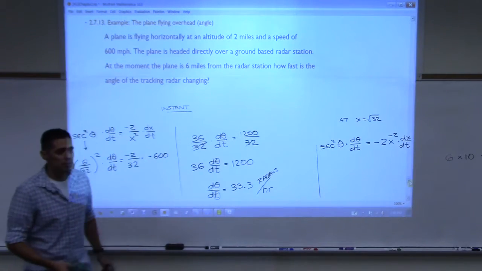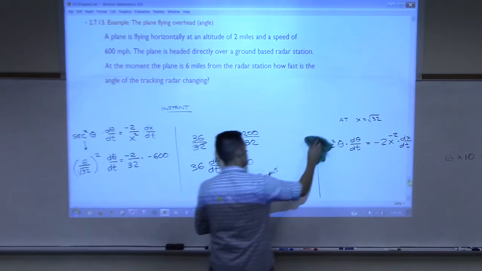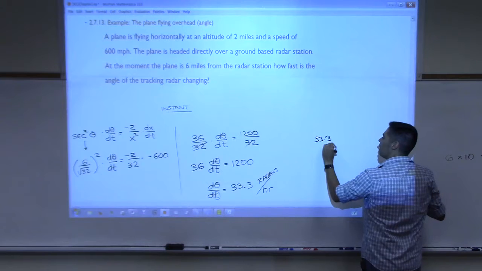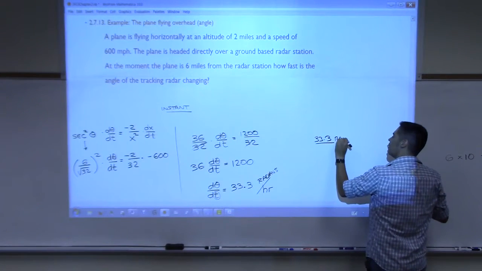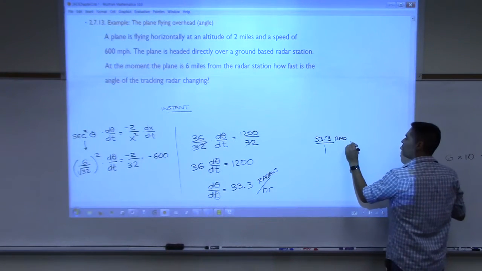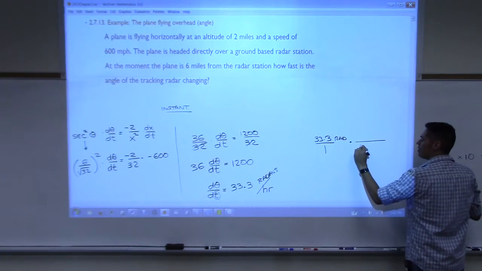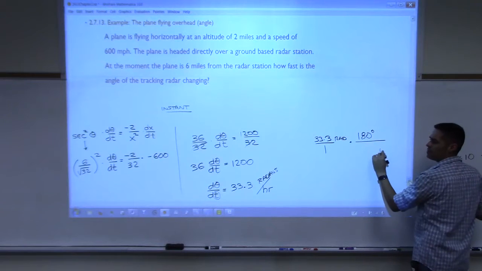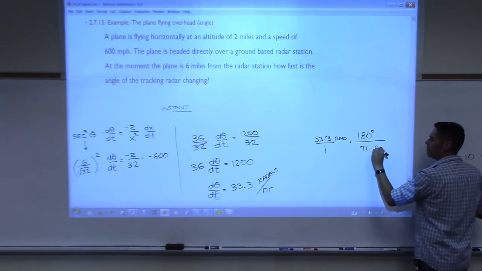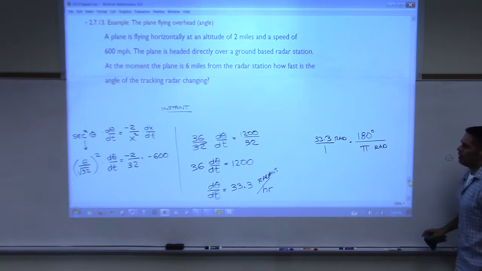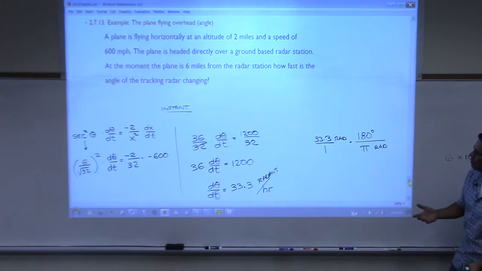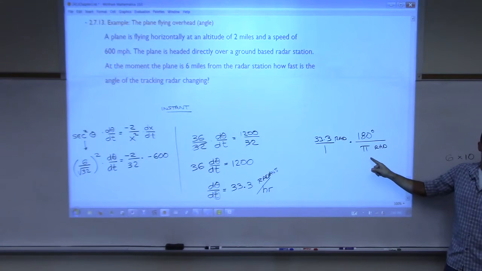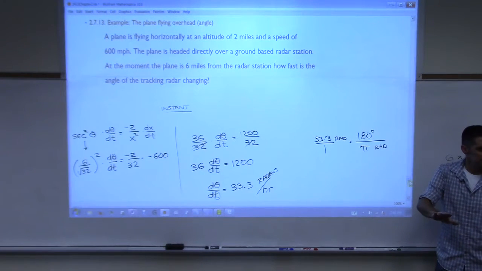Anybody remember how to convert from radians to degrees? Dimensional analysis. 100 over 3 radians over 1, you multiply that times 180 degrees over pi radians. So please, if someone would do me the favor, 33.3 times 180 divided by pi. Not all at one time, please.